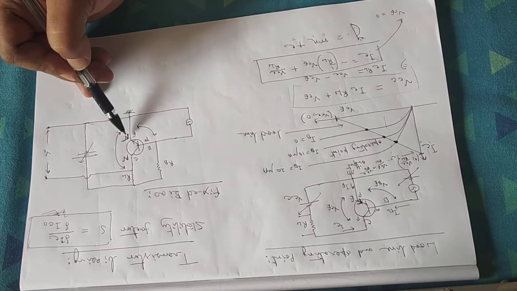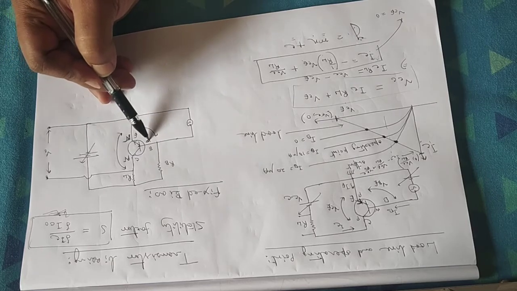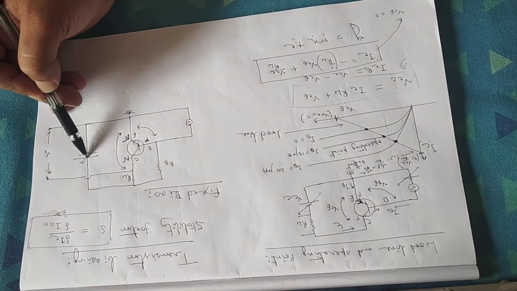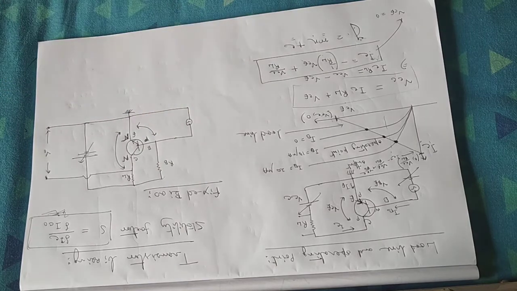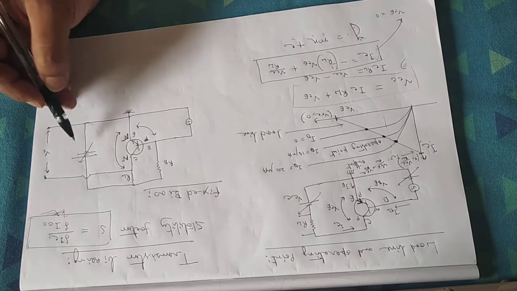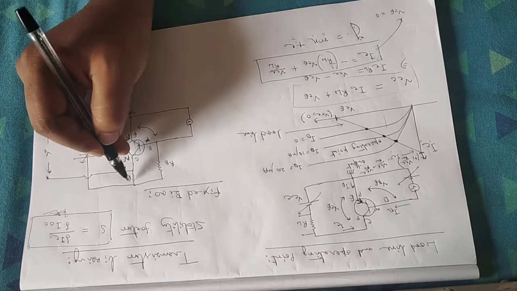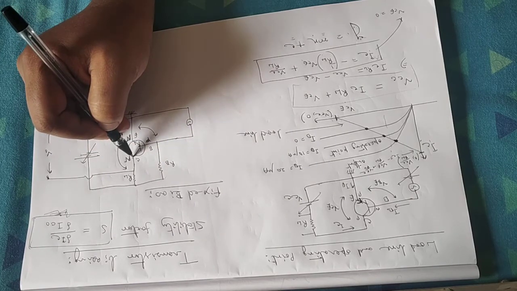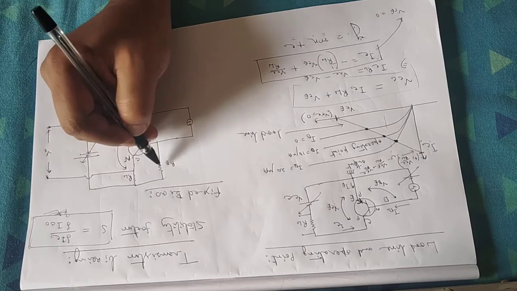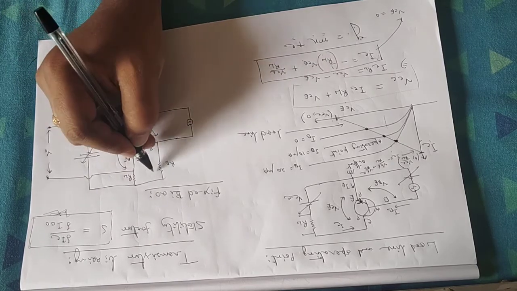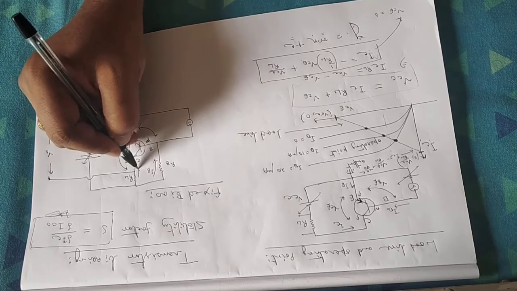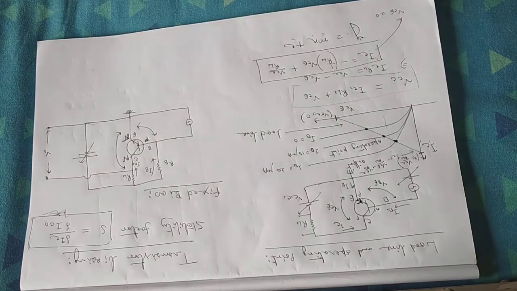This is NPN, so the base is P. The emitter base junction is forward biased and the collector base junction is reverse biased. The biasing is done with a single battery. Two resistances are there: the load resistance connected across the collector or output junction, and RB connected at the input junction, through which the base current IB flows, while through RL the collector current IC flows.